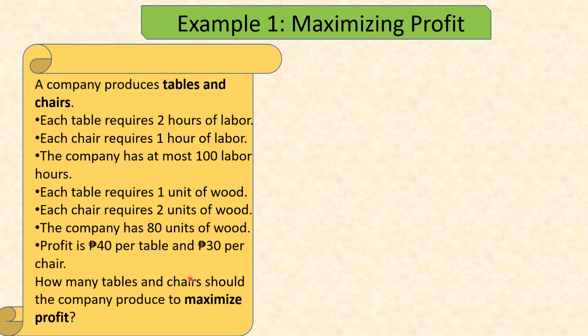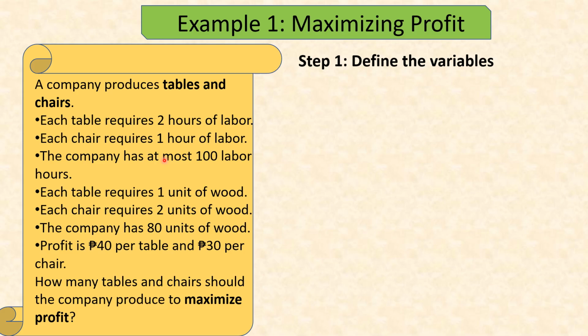So we are asked to find how many tables and chairs the company should produce in order to maximize the profit. We will follow the steps in solving this linear programming problem.